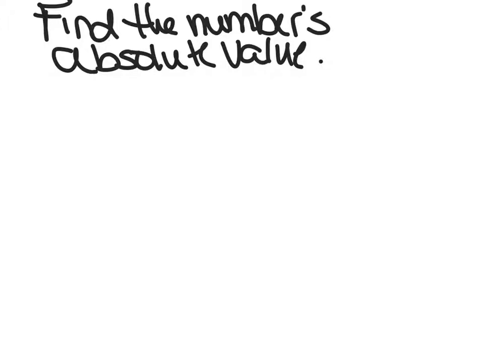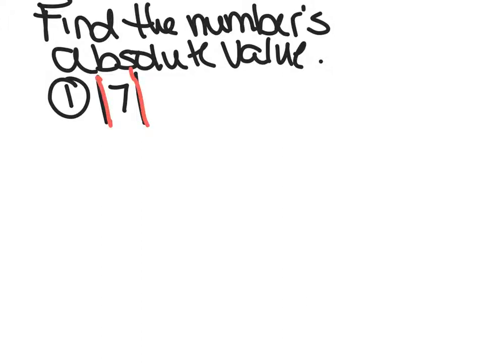Okay, so for the first one, it's going to be like the absolute value of the number 7. Okay, absolute value is indicated by these lines. Those lines right there indicate that we need to find the absolute value.